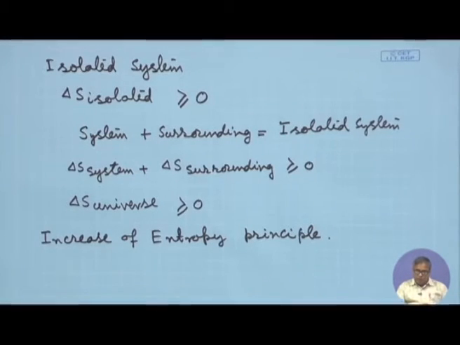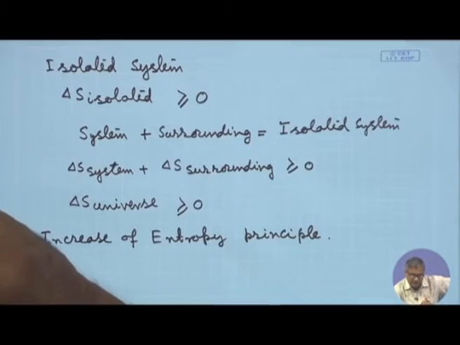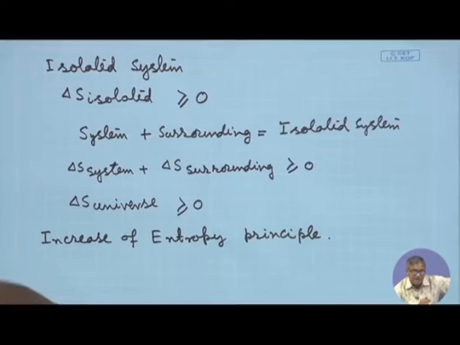In the books of thermodynamics, you can find some elaborate discussion on this. But for the present course, it suffices if we understand, appreciate and remember these two things. From the first law, we say that the total amount of energy remains constant. It can only change from one form into another.